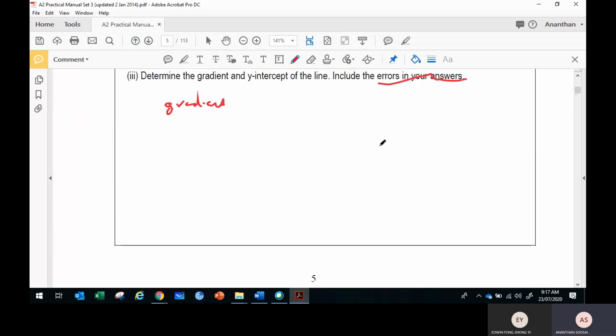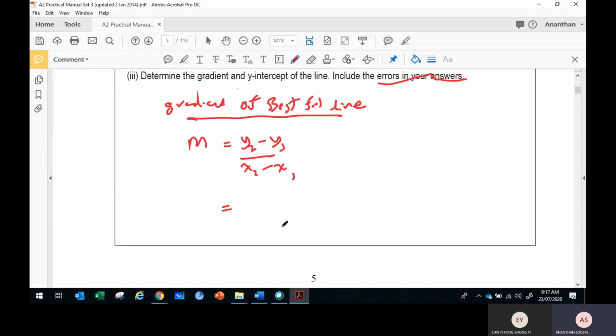Okay, you do here, gradient of best fit line. You underline. Work out the gradient. Of course, y2 minus y1 over x2 minus x1. Get the gradient for the best fit line.